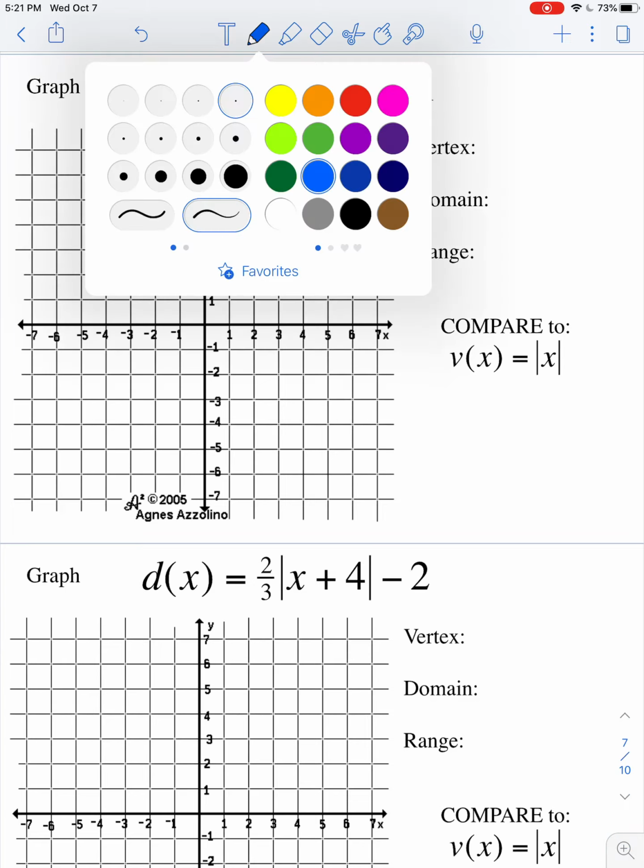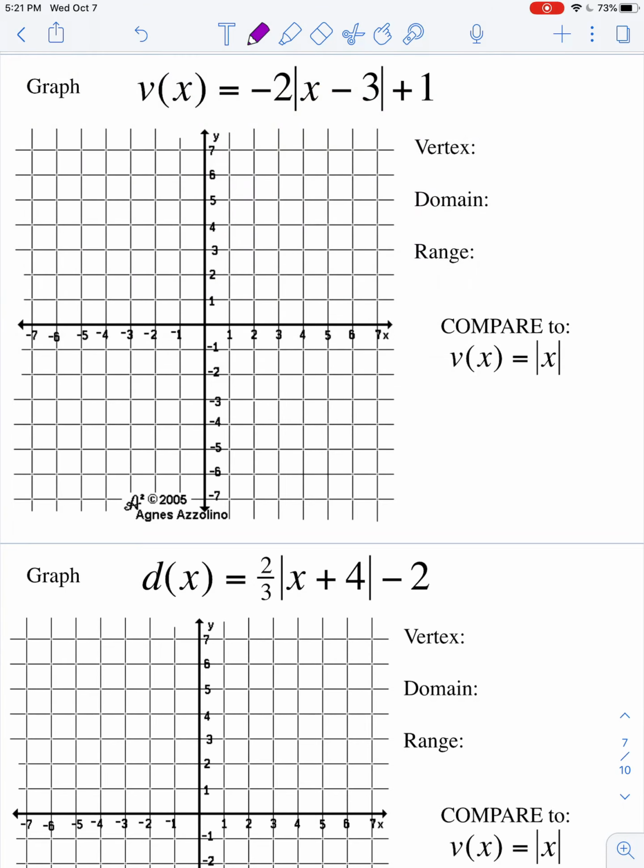Okay, a doozy. Here we go. It's got all the good parts. Let's do this. I think I'm going to get a different pen just because it's so fun. So let's take it one thing at a time. One thing that I see is it's going to go up 1. The next thing that I see is that it's going to go to the right. Don't be fooled by that negative, 3 units.